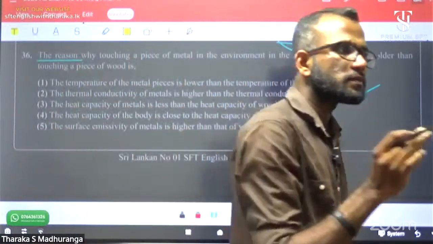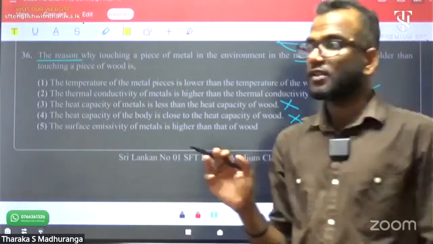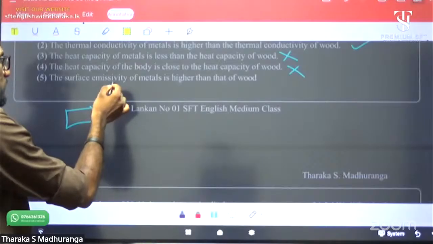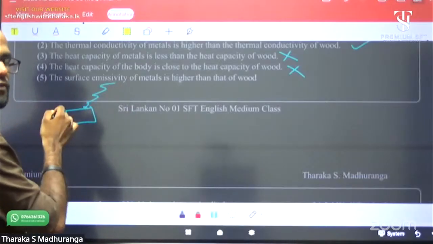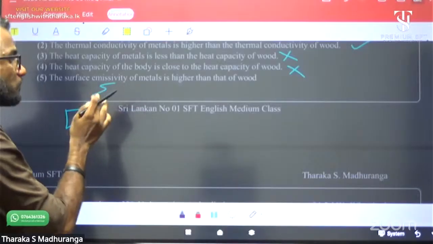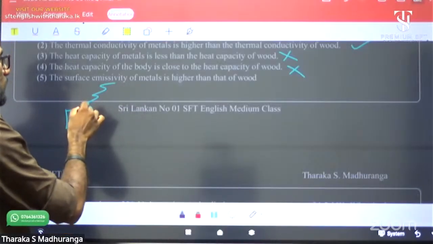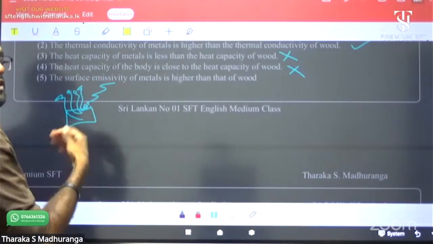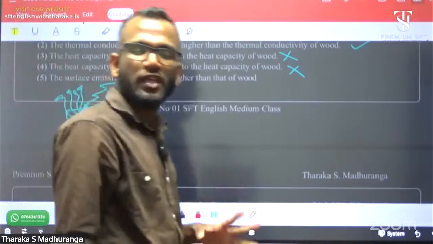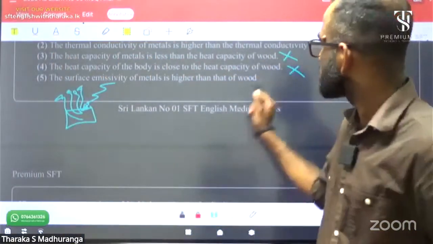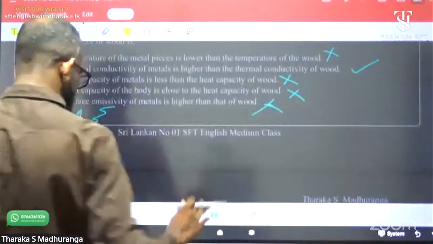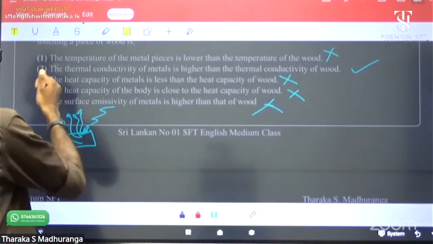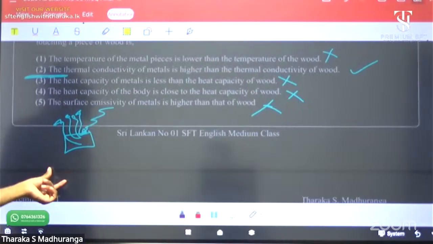Emissivity means emission, releasing of EM waves, electromagnetic waves, that means reflecting ability, that's not related. The thermal conductivity is the answer. Question 36, answer number 2.